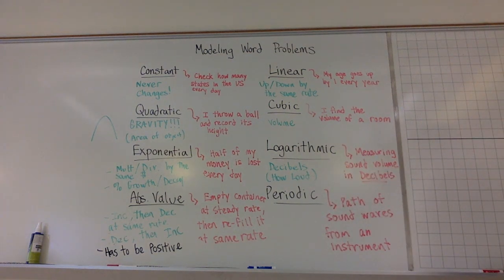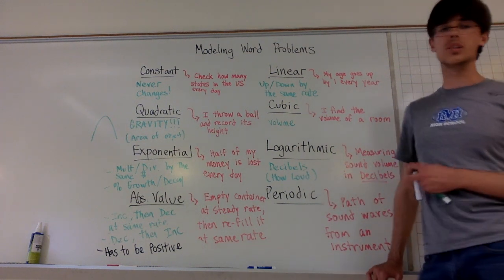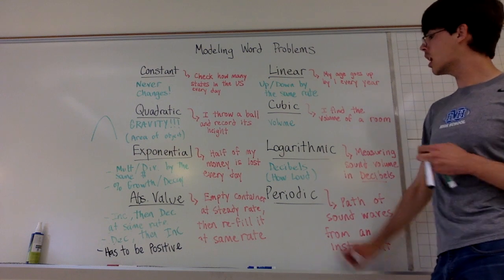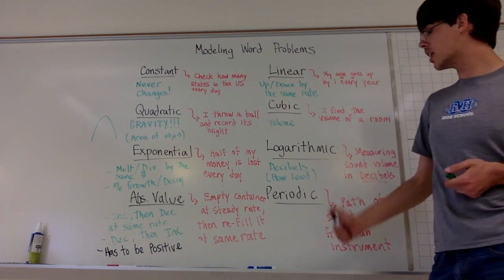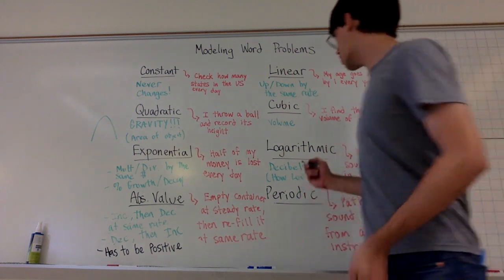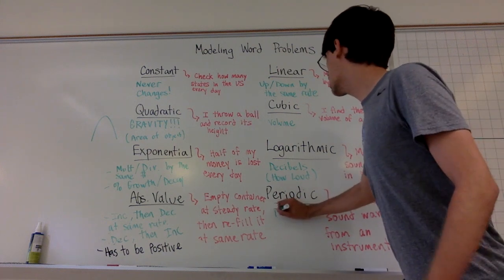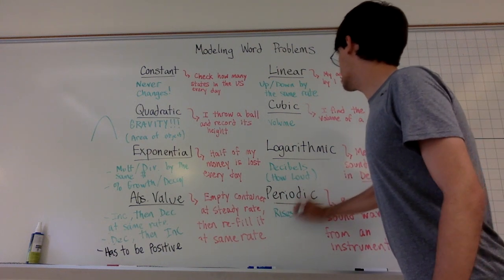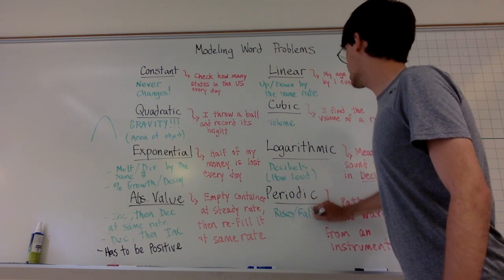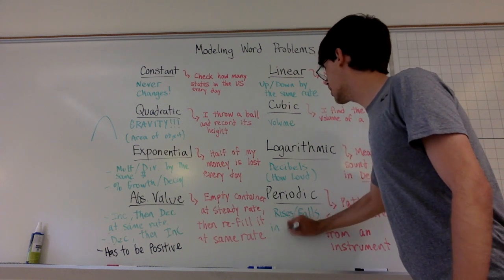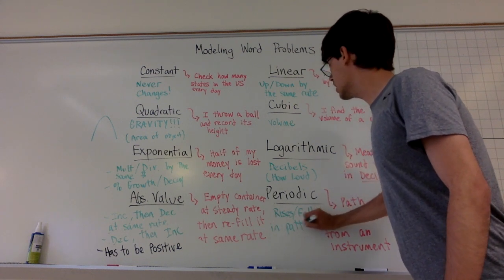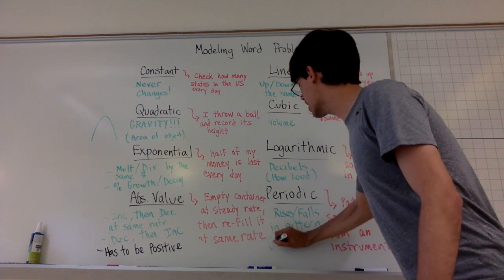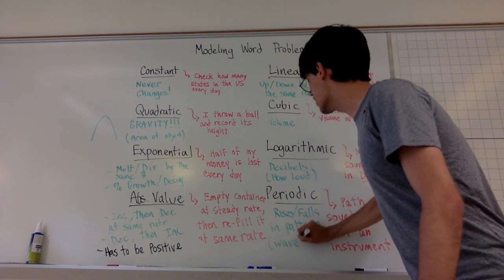Last equation is a new one that we have not addressed, and we're not really going to, but it can pop up on the EOC. A periodic equation is an equation that rises and falls in a pattern. Specifically, I think about it like it's rising and falling in waves.